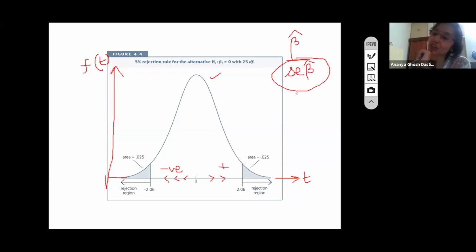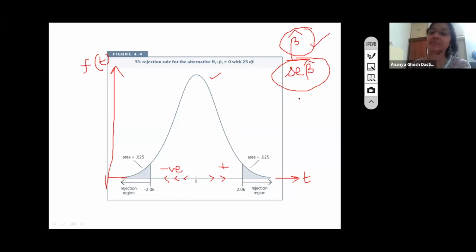So the denominator is always positive. But beta hat can be negative also, right? So the sign of your t-stat will basically be given by the sign of your beta hat. If your beta hat is negative, then you'll get a negative value of the t-stat.